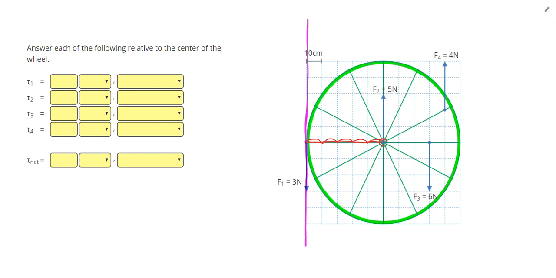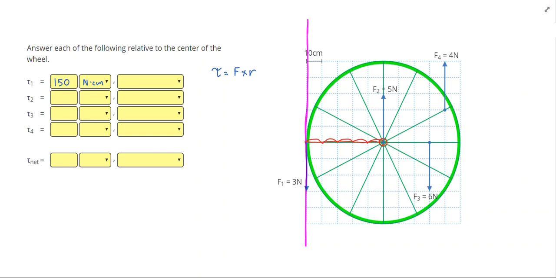I get my torque by doing torque equals force cross radius. So I would do 50 times 3, and that gives me 150 Newton centimeters for torque 1.